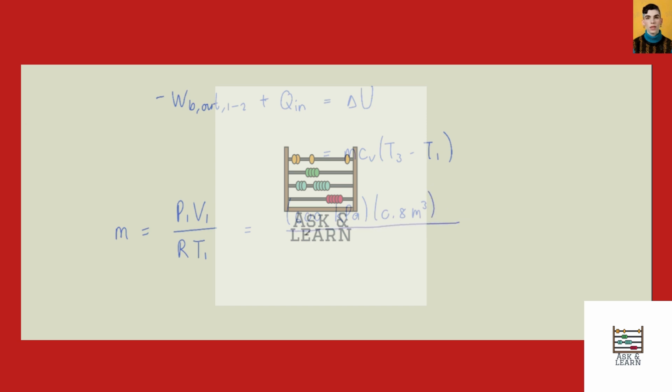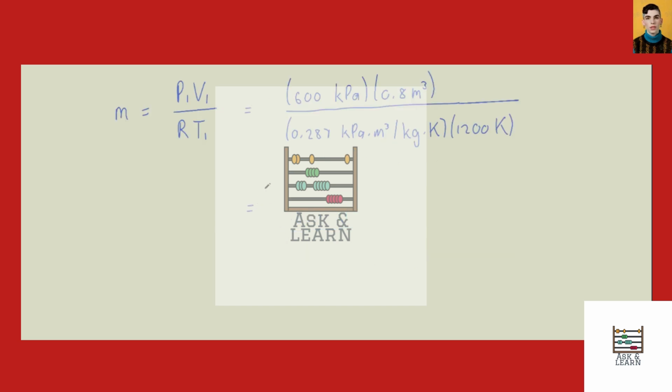This is divided by the gas constant for air, 0.287 kilopascals meter cubed per kg Kelvin, times T1. Initial temperature in Kelvin is 1200. Hence we get the mass of air involved in this process to be 1.394 kg.